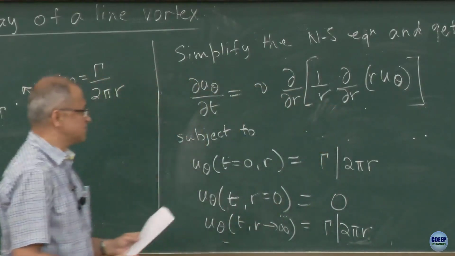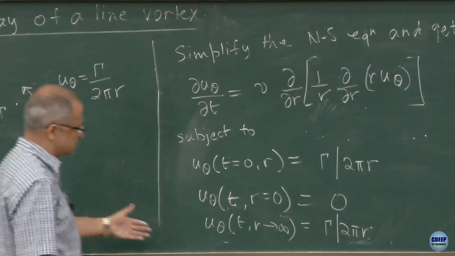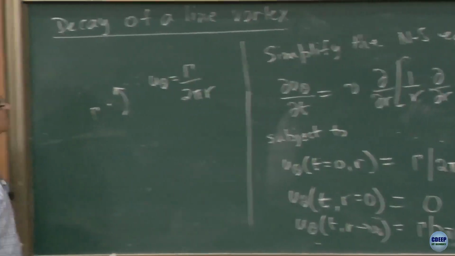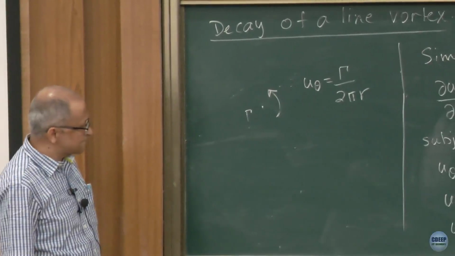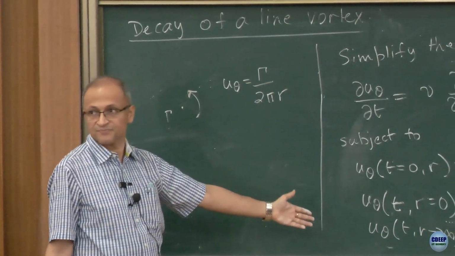Very far away, the flow does not know that the center has stopped. As r tends to infinity it is of course 0 anyway, but we just say it has this 1 upon r sort of dependence. So this is the problem statement that we need to solve.